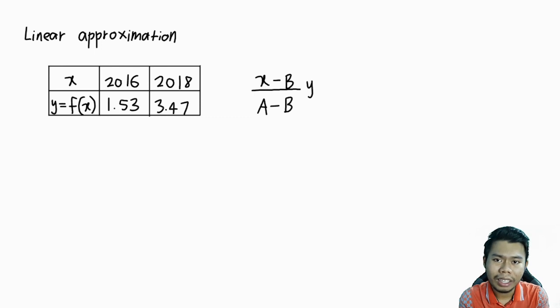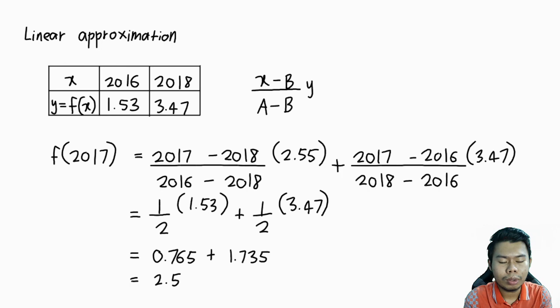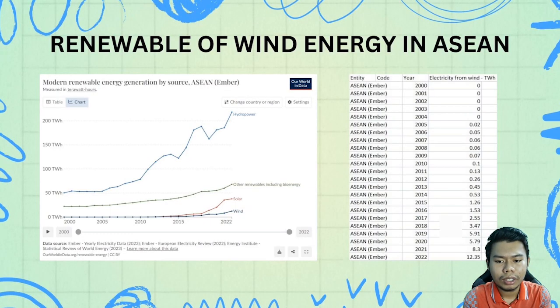A is the first year and B is the second year, which are 2016 and 2018. We just enter the values into the formula. So we get 2.5 for renewable energy from wind in the year 2017. We report it in the table. The approximation value is the same as the original value from the original data.